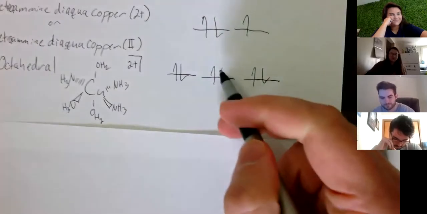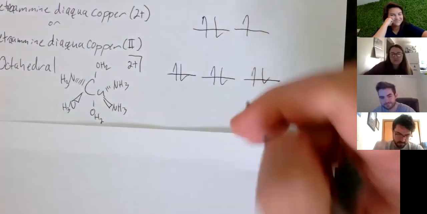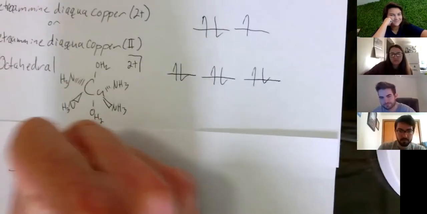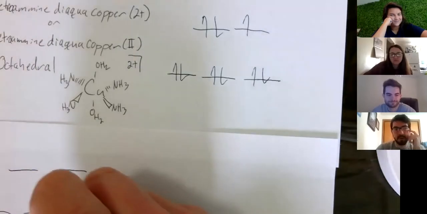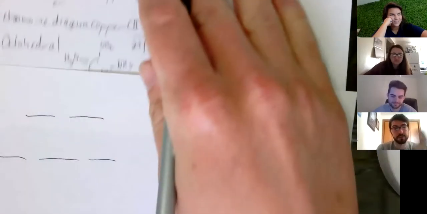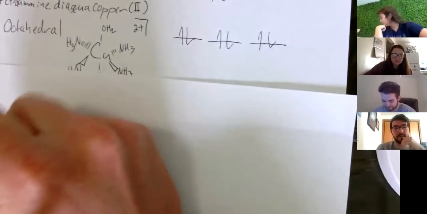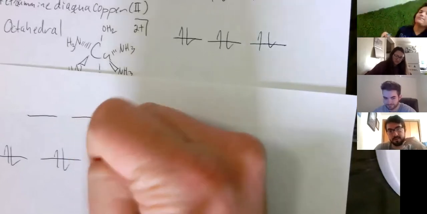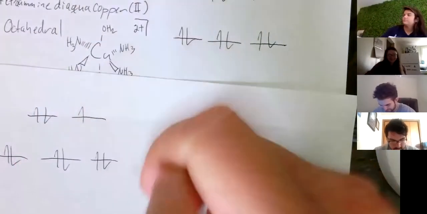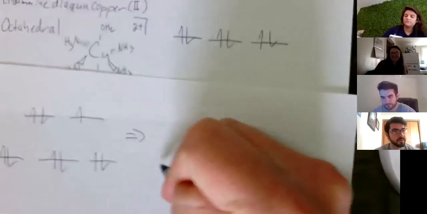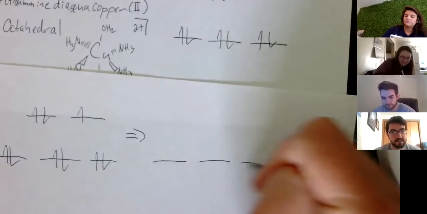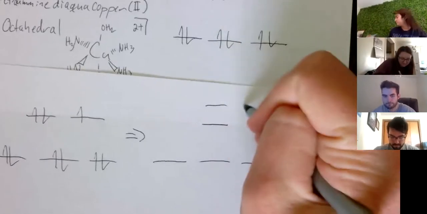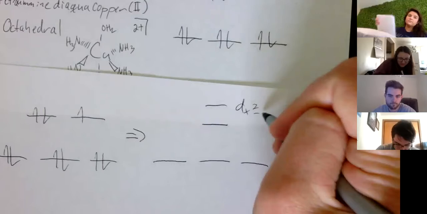So looking at that, what's going to happen to this system? The NH3 bonds are going to bond closer, and the waters are going to extend out, so their axial positions are sticking out. As a result, you get the dx squared minus y squared at higher energy, and the dz squared is lower energy. Exactly.